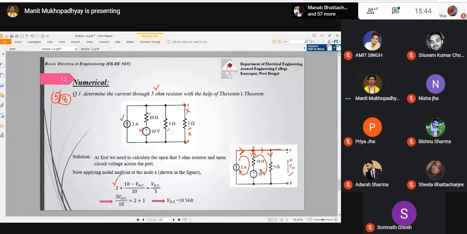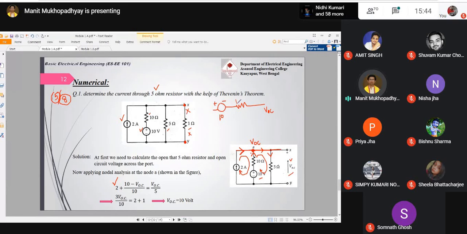Okay. Next, what is your again incoming current? This 10 volt here. This one is VOC. Okay. So I am redrawing it for your better understanding. One voltage is here, that is 10. This is your 10 volt, and this voltage is VOC.